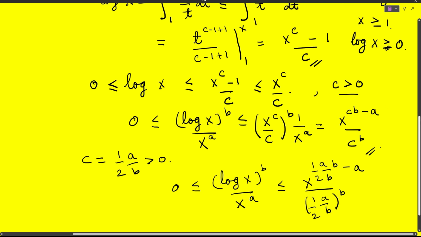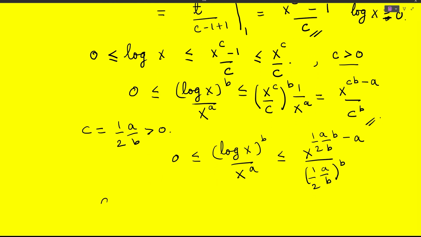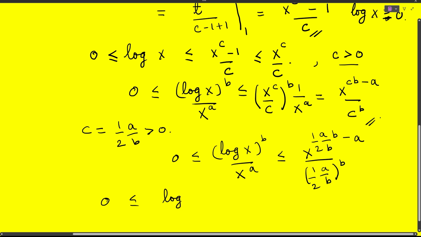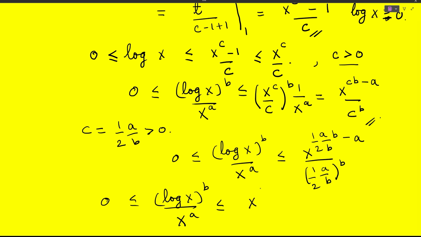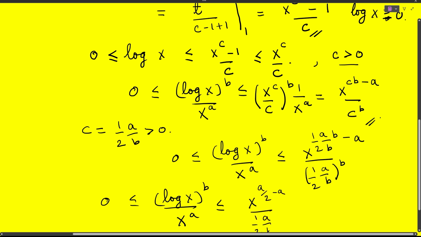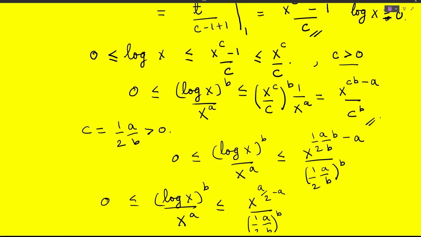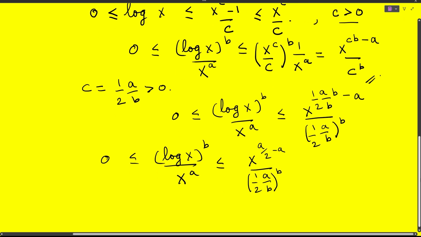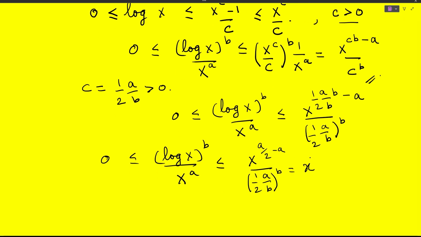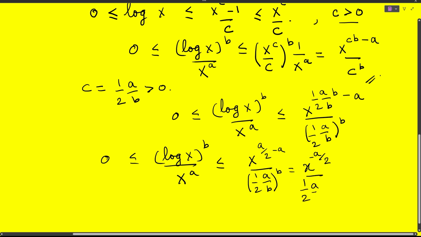So now the right hand side becomes, let's just write this down again, x to the power a, and this is less than or equal to, x to the power b gets cancelled, and that's a by 2 minus a divided by (1/2 a by b) to the power b, right? So this is x to the power minus a by 2 divided by this particular term, (1/2 a by b) to the power b.